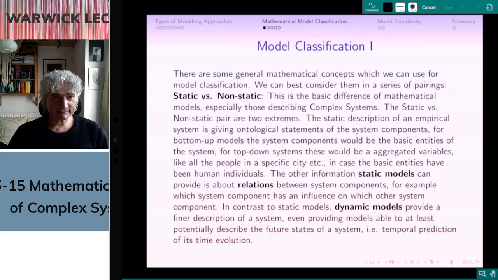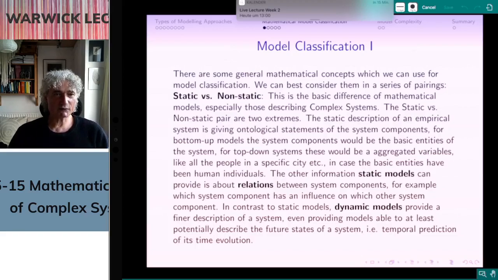In the non-static description, obviously you think about the dynamics of the model. You should not necessarily think about time, but of course mostly about time. In any case, you have a set which is linearly ordered, so you have different points in time, which can be compared to each other, and you try to describe how from one point in time to the next, your system is changing. That would be the non-static description.